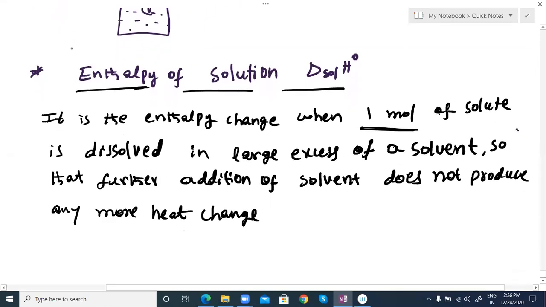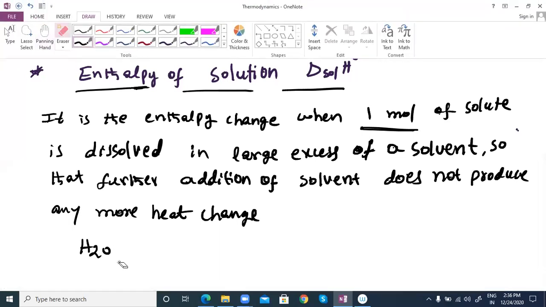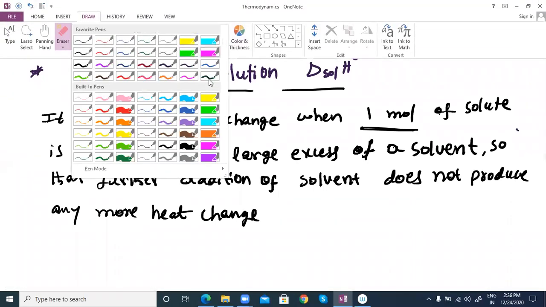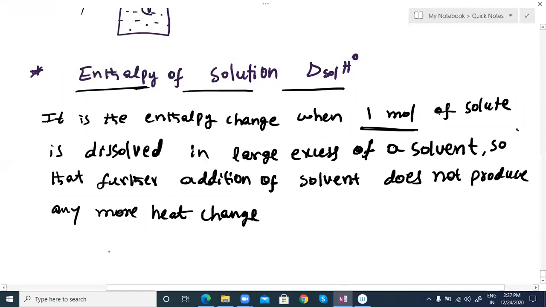Meaning, you got this one? Right, for example, H2SO4. If the solvent is water, then I am going to take aqueous, written as aq.